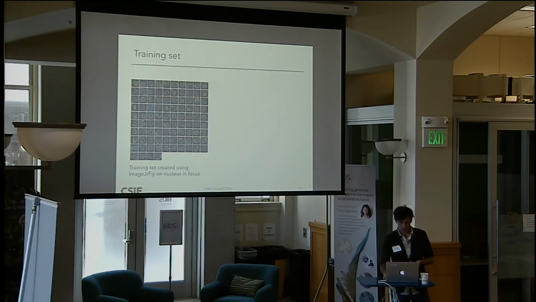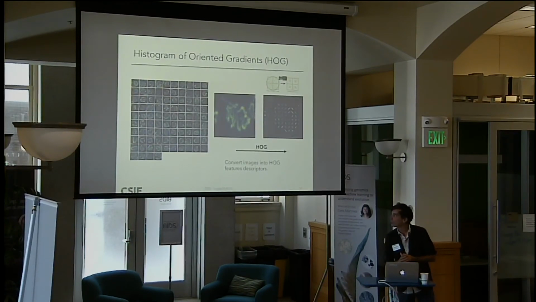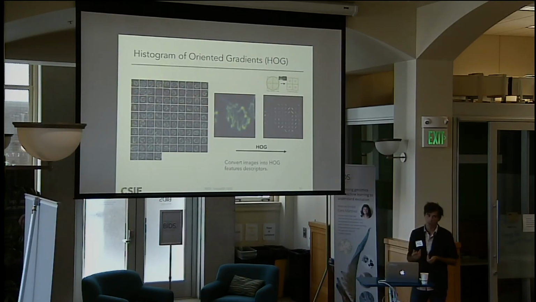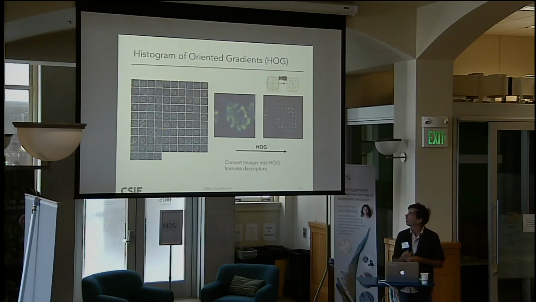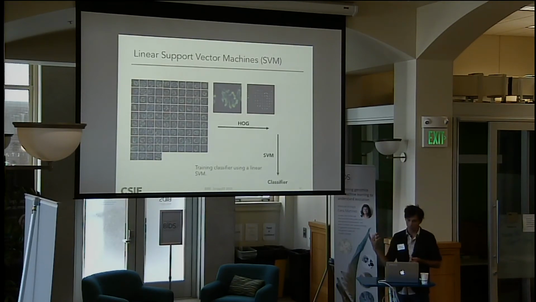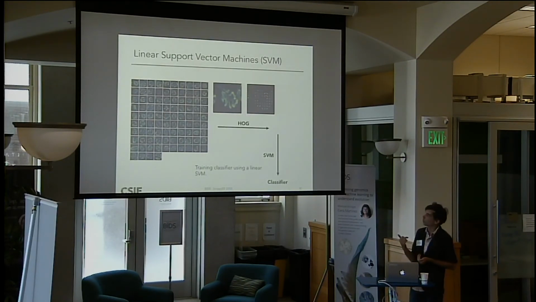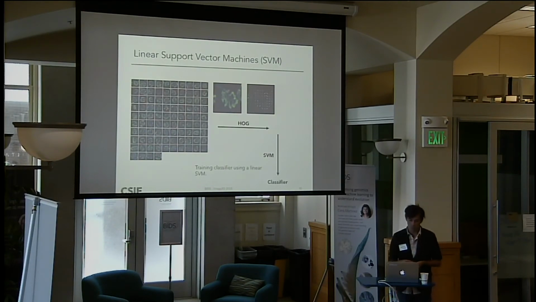So I created a training set, then I converted the images into histograms of oriented gradients using a function in scikit-image. And then I used the features from the HOG descriptor to train a classifier using a linear support vector machine.